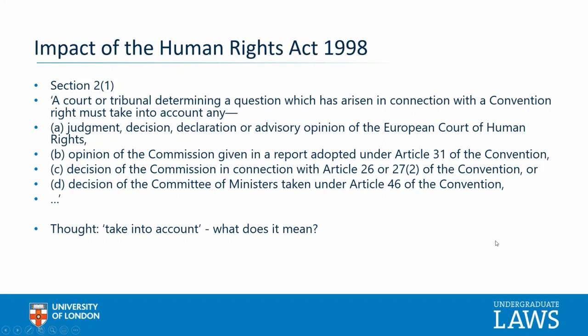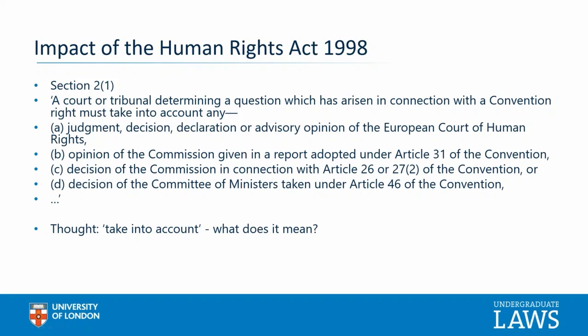There was a lot of uncertainty at the time it came into force. Does it mean that the judiciary no longer apply precedent of the previous cases, that by taking into account decisions of the European Court of Human Rights, they should essentially follow them in the context of a precedent, in the context of a ratio?